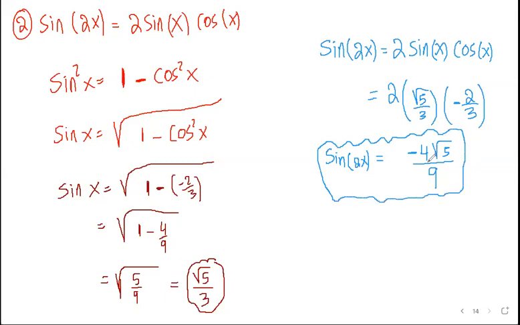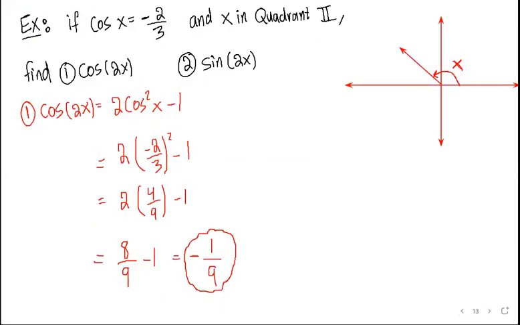Any question? So again, hold on, there's a mistake I made. For the cosine, the angle is in the second quadrant. The only positive function is the sine.